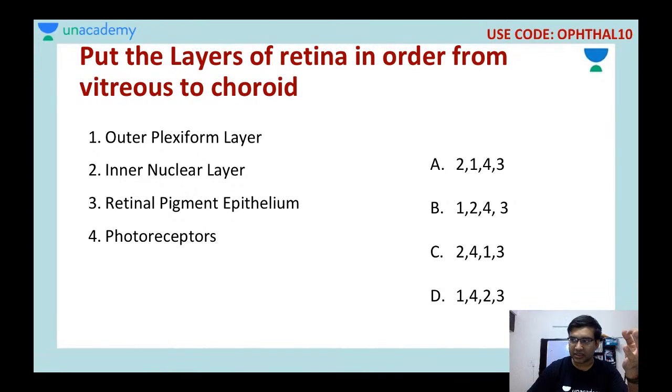Another classification that we do is that the layers which are towards your vitreous are called inner layers of the retina, and the layers which are towards your retinal pigment epithelium or towards your choroid are basically called the outer layers.